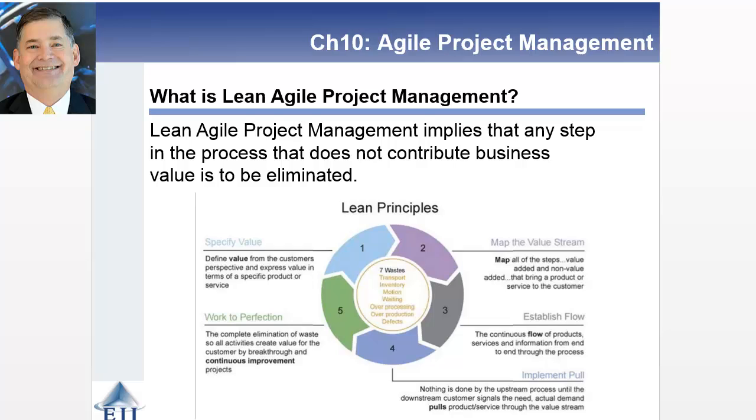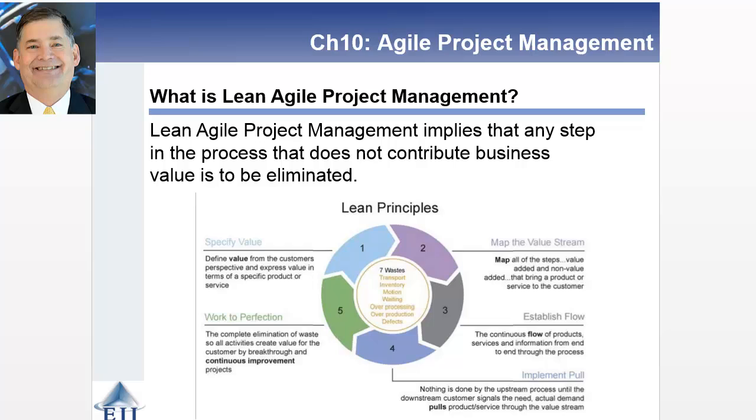Now, to layer on top of this, you have this idea of lean agile project management. What that implies is that any step in the process that does not contribute business value is to be eliminated. Okay? There's such uncertainty and so much learning taking place that you don't want to go through a heavy documentation process when you may, in a subsequent iteration, abandon the project or close the project out.